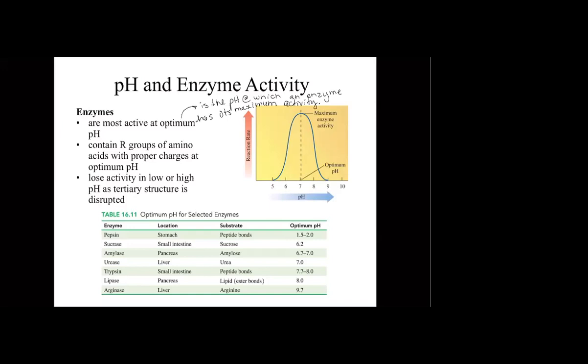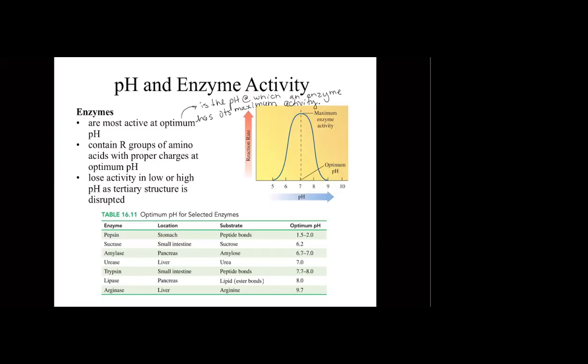We have enzymes that have multiple substrates, but the majority of the enzymes have a particular substrate that they have to act on in order to get to product. That's why we have thousands, tens of thousands of enzymes in our body working on our cells at any given time.